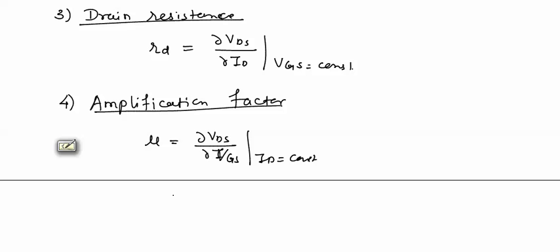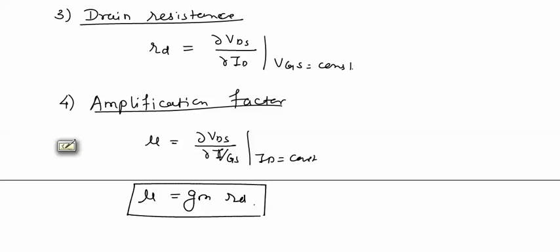And it is also written as mu equal to GM into RD. So the product of transconductance GM and drain resistance RD will be the amplification factor.